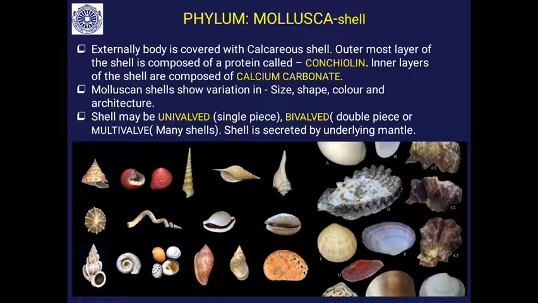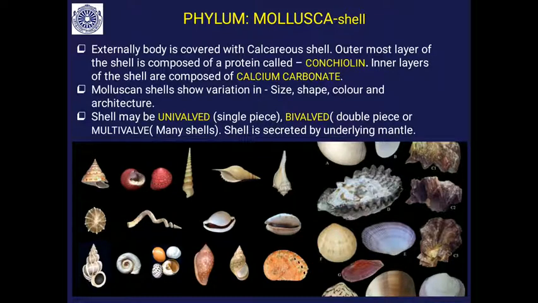The inner layer of shell is composed of calcium carbonate. This calcium carbonate occurs in prismatic form, and that gives a porcelain look to many of these shells. Molluscan shells show variation in size, shape, color and architecture. You will see in this picture.